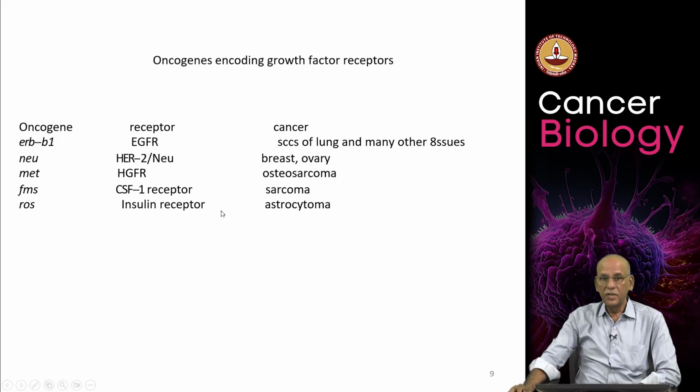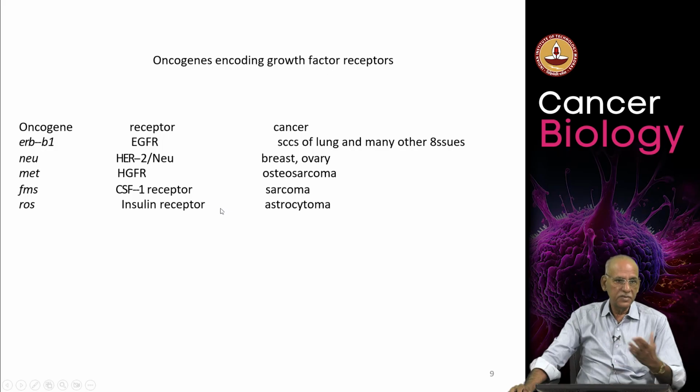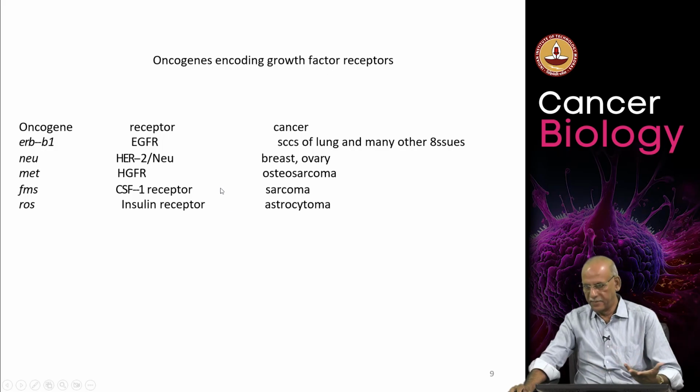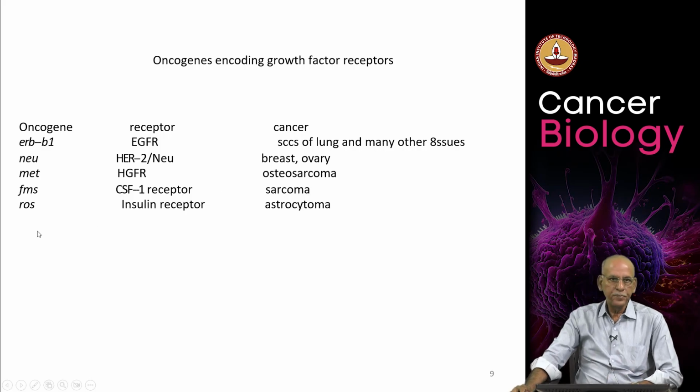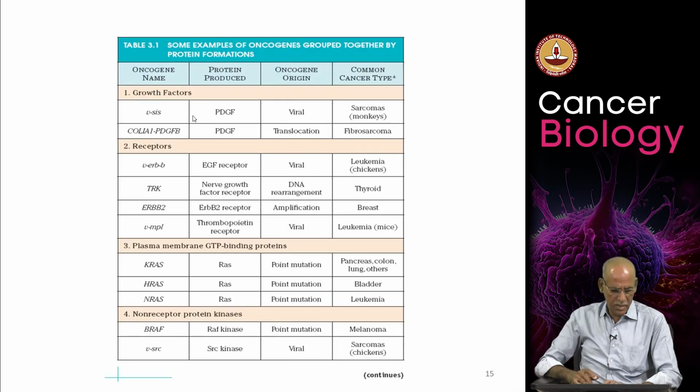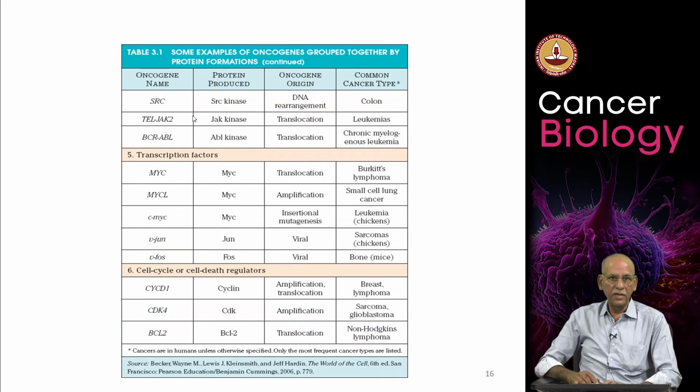Insulin, all of you know, is a hormone people say, but it can also act as a growth factor. So, the insulin receptor is coded by an oncogene called ROS, not RAS, this is ROS, not RAS. This is found in astrocytoma and other cancers. So, this is another example, one table, and then I will give you that.